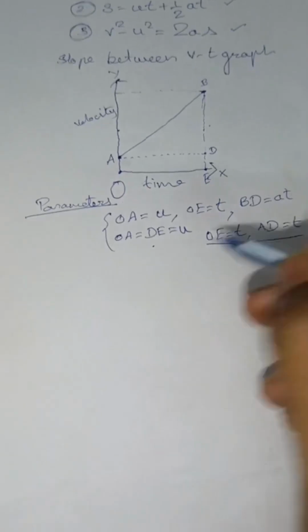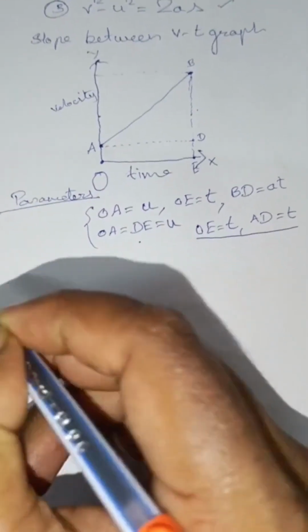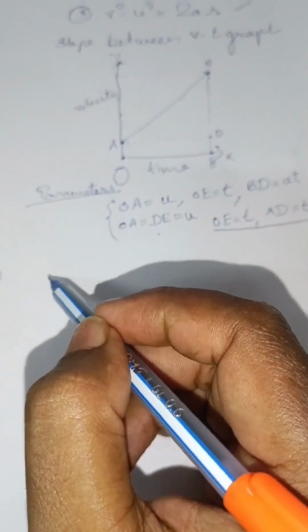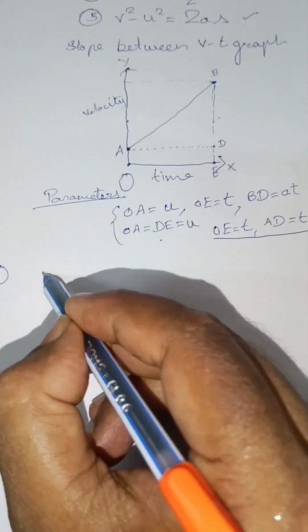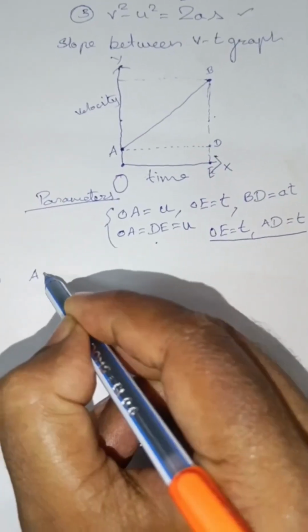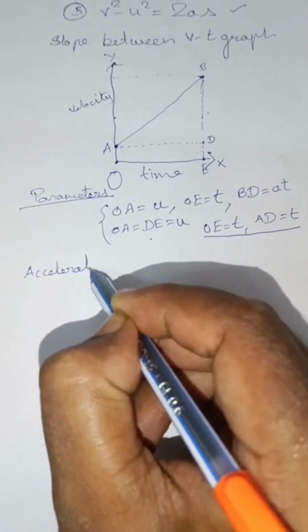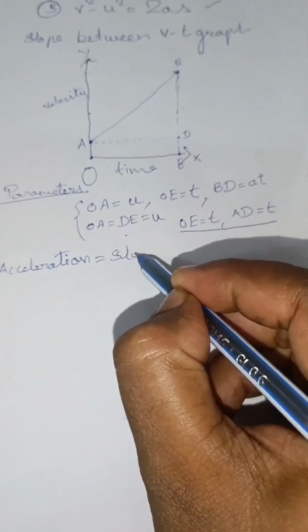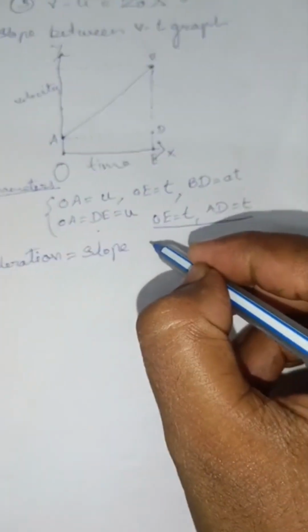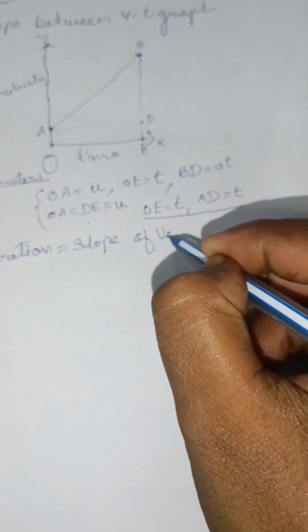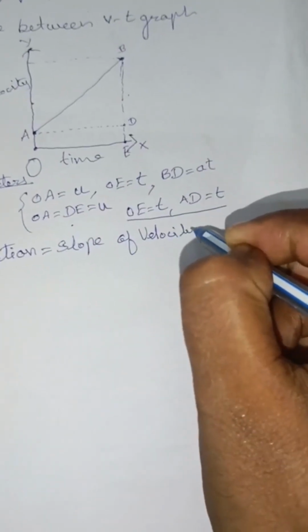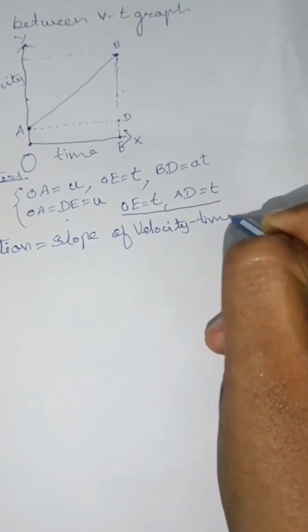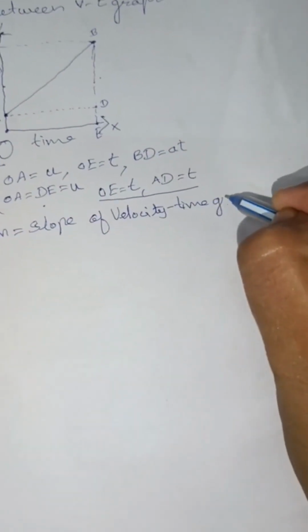Let us define the first equation of motion through this derivation part. The very first thing we are going to discuss is acceleration equals the slope of the velocity time graph.